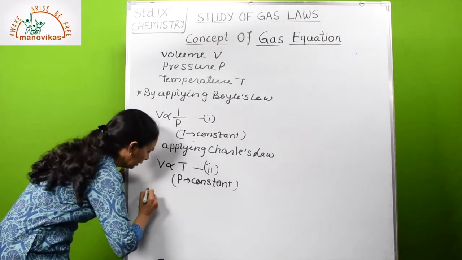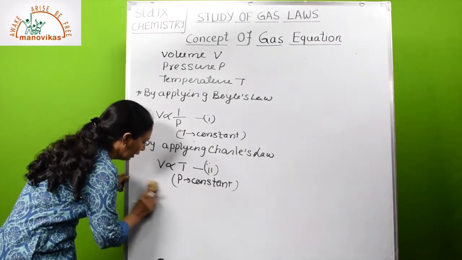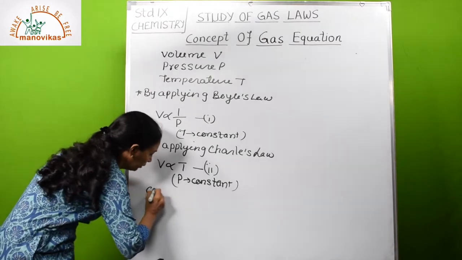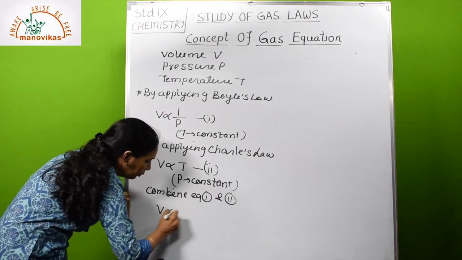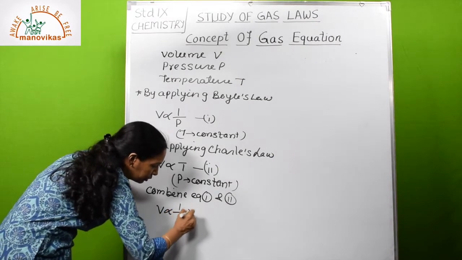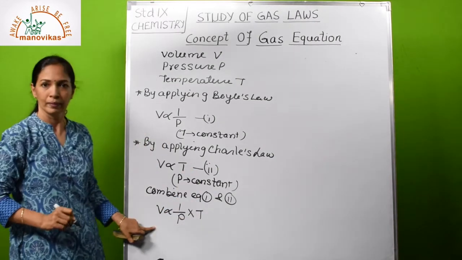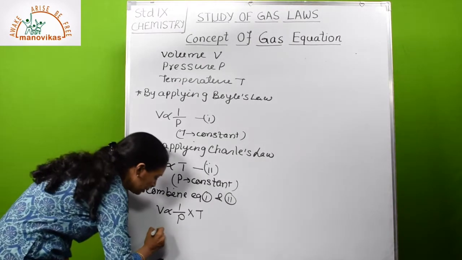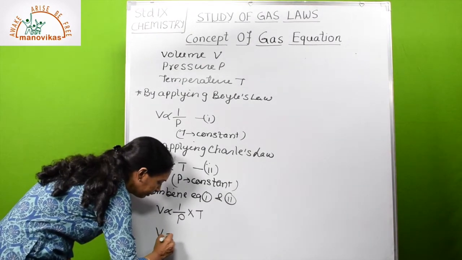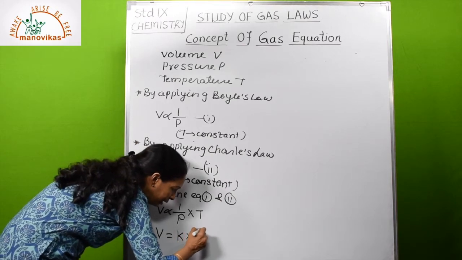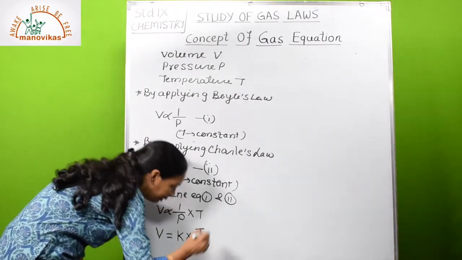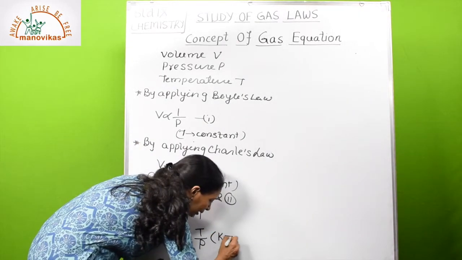By combining equation 1 and 2, what do we get? V is proportional to 1 upon P into T, which can also be written as V is equal to K into T upon P, where K is a proportionality constant.